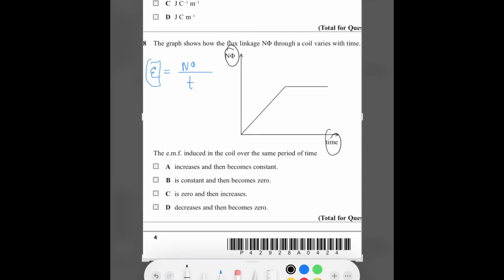We also see that Nφ by t is actually the gradient of this graph, and the gradient will be equal to this EMF. So here the graph is increasing at a constant rate, so the gradient is constant, and after that the gradient becomes 0. So initially the EMF will be constant and then it will become 0. So the answer is B.